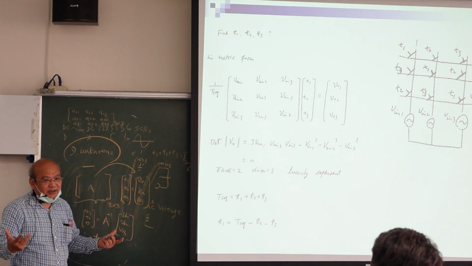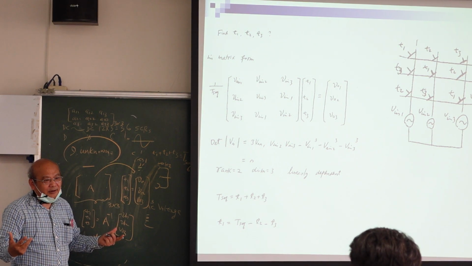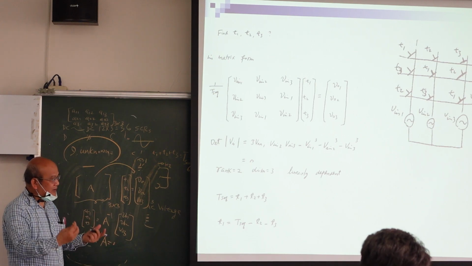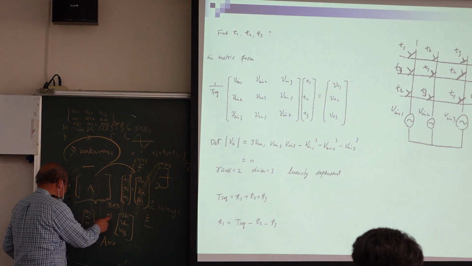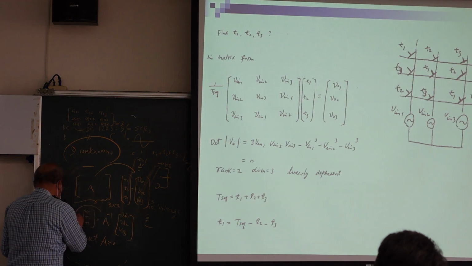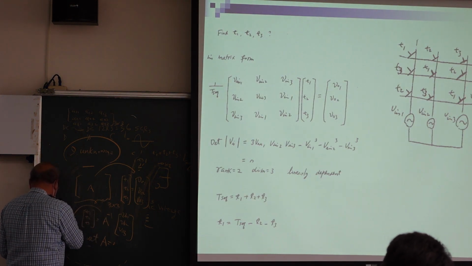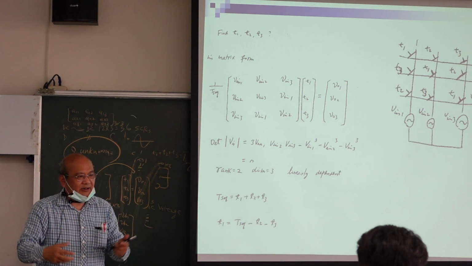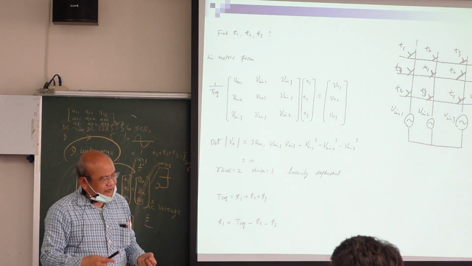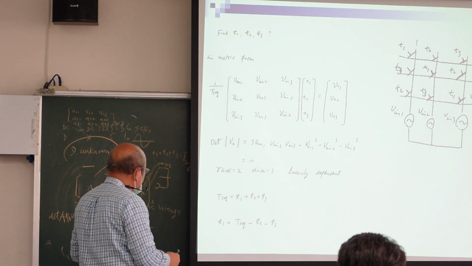No inverse, right? If you learn math, you know that if you want to find the A inverse, the condition is that the determinant of A cannot be 0. But now the determinant of A becomes 0. What does this mean?